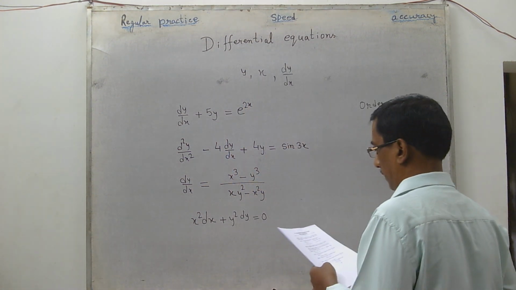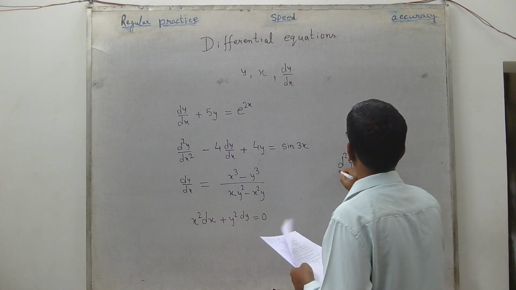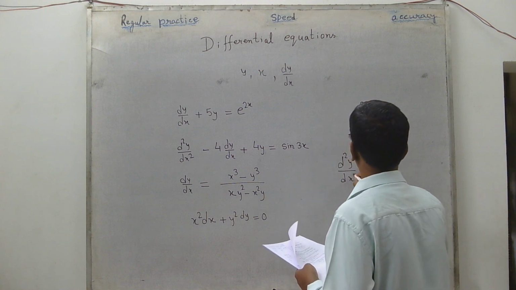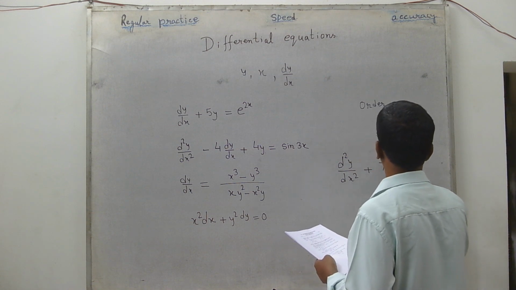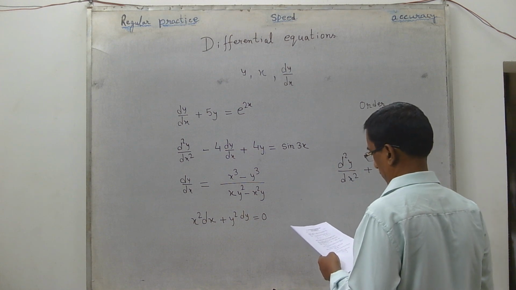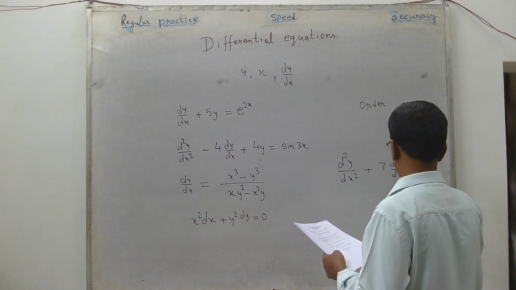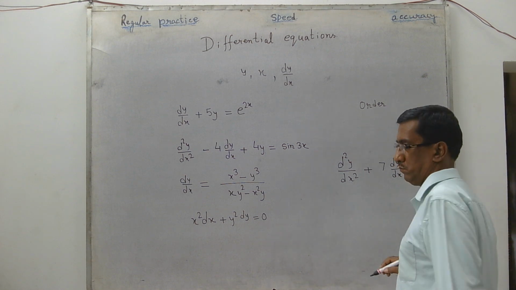For example, d square y by dx square plus 7 dy by dx plus 4y equal to 0.